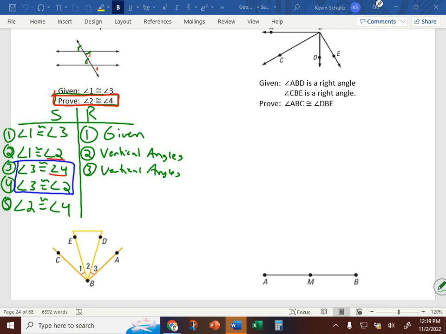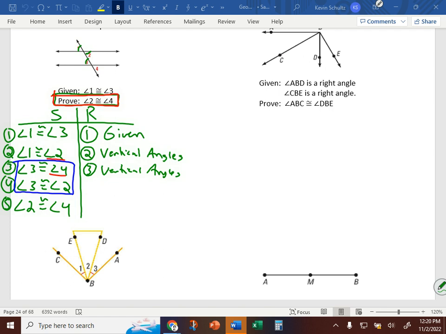Well, you say, well, because 2 and 4 are both congruent to the same angle. The explanation is much more direct than saying, well, 3 is congruent to 1, but 1's also congruent to 2, therefore 3 is congruent to 2, which because 4 is congruent to 3, it means 2 is congruent to 4. That's too many leaps to go from what we had in step 3 directly down to step 5.